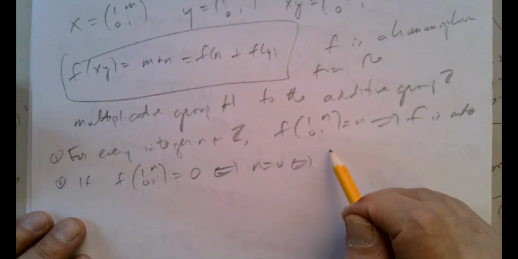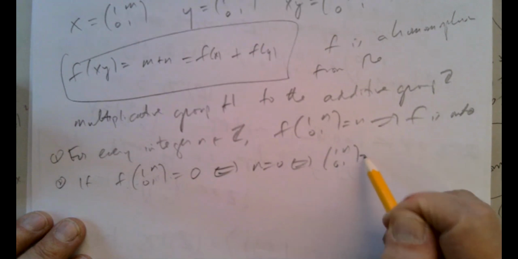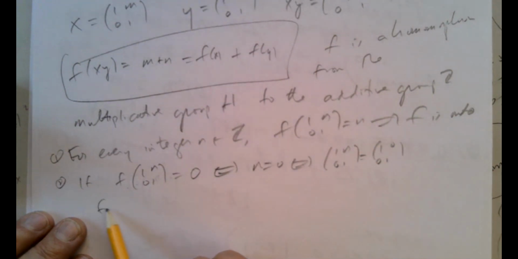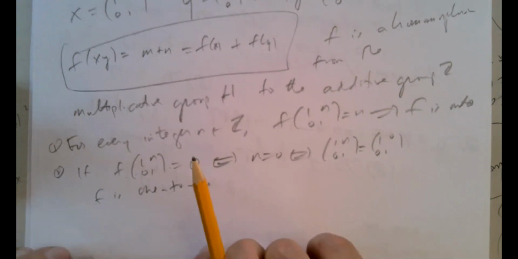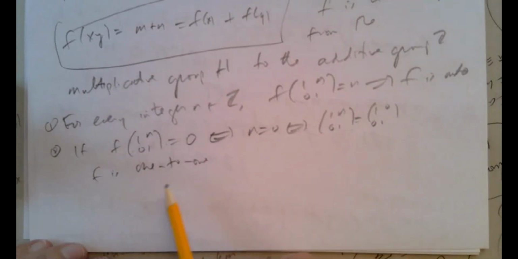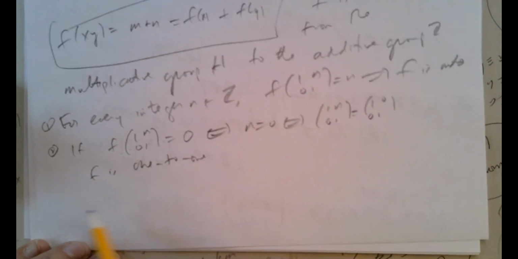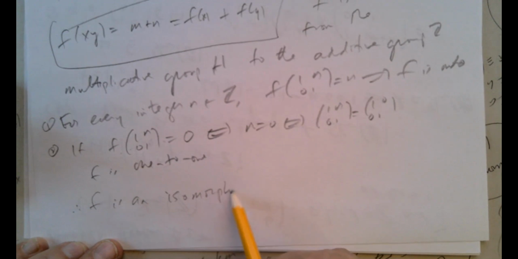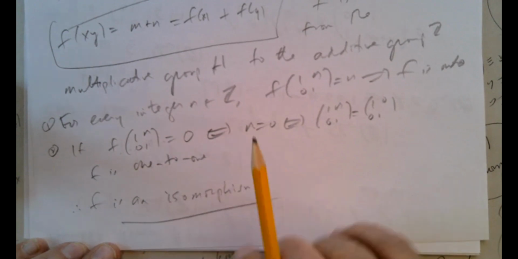So if and only if this matrix 1, n, 0, 1 is really just the identity. So f is 1-to-1. A homomorphism is 1-to-1 if the kernel is just the identity. So therefore, f is an isomorphism.